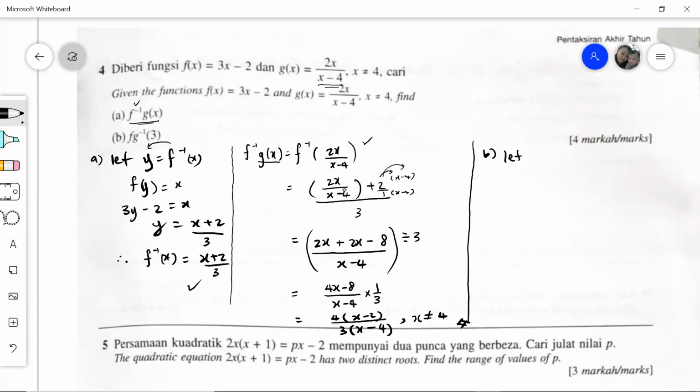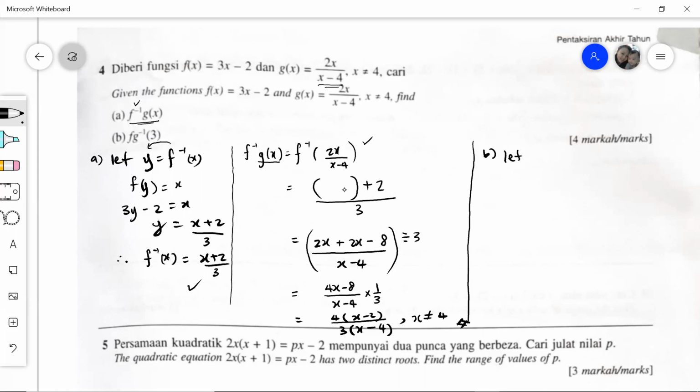My object here is a complicated object, which I don't want to write first, because in an exam we tend to be very nervous and will make mistakes from there. So what I do is take the f inverse and put down the framework like this: object plus 2 divided by 3.